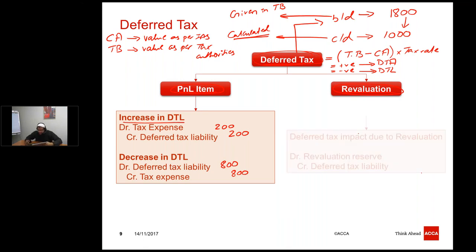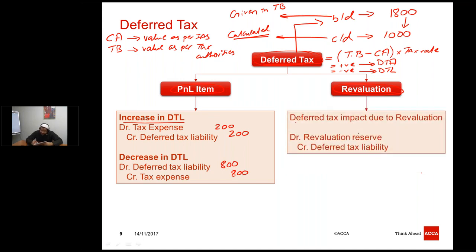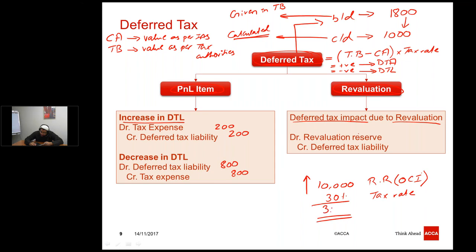Okay, now let's discuss revaluation. If there is any deferred tax impact due to revaluation, for example, if we are increasing the asset by $10,000, which is a revaluation gain recorded in revaluation reserve through OCI, and the tax rate is, let's suppose, 30%, this would result in a deferred tax liability increasing by $3,000.